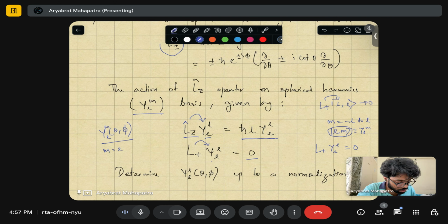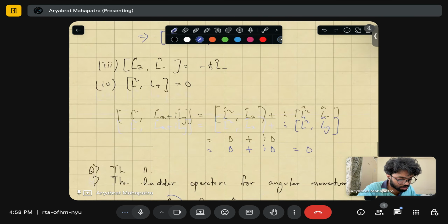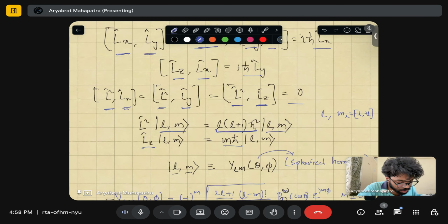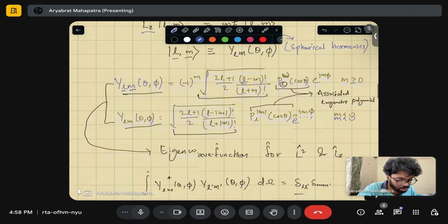Also this factor right here, that you got when LZ acted on YLL, you got H bar L YLL. You can know why from the definition that we started with. When L square acts on LM, you get L times L plus 1 H bar square.